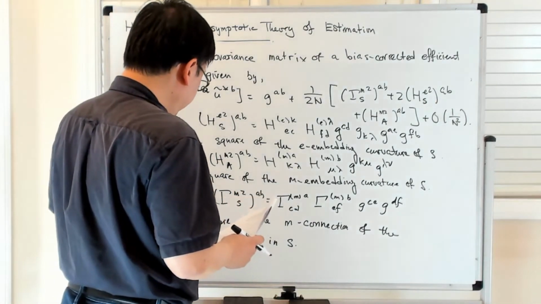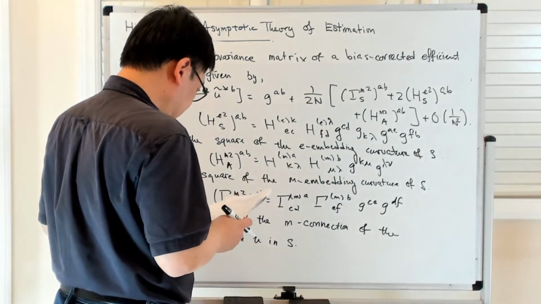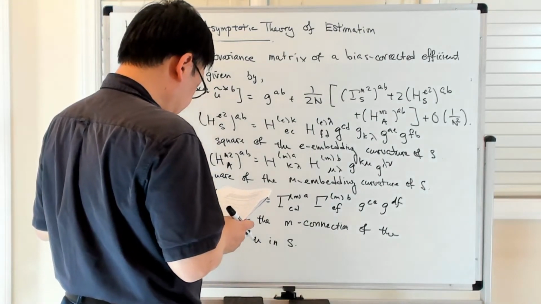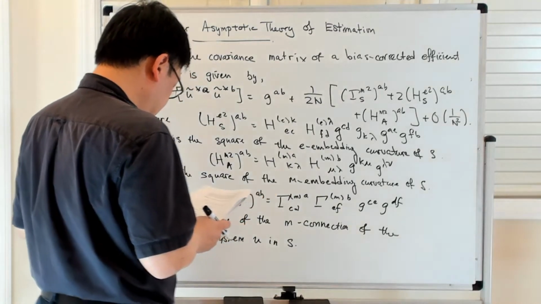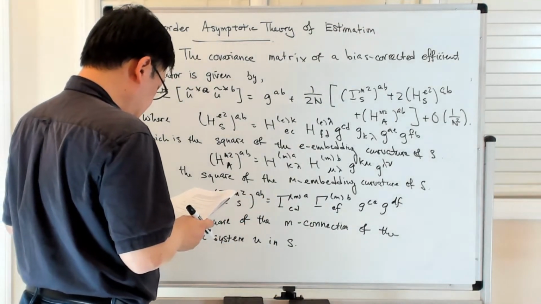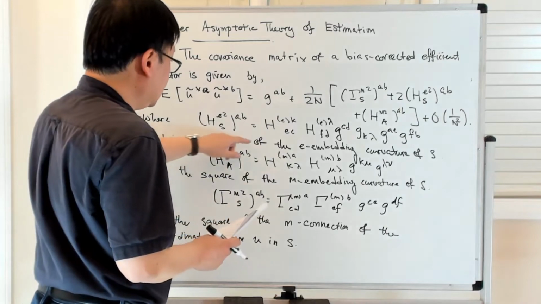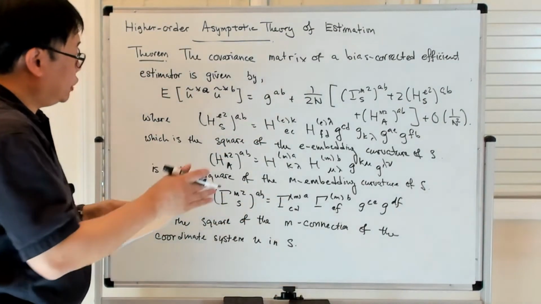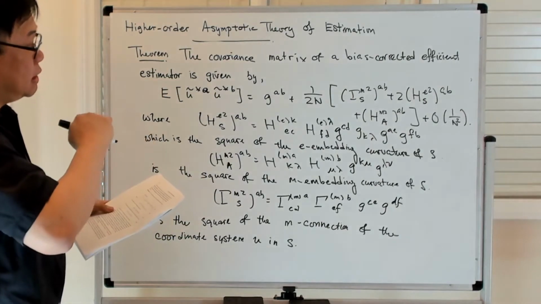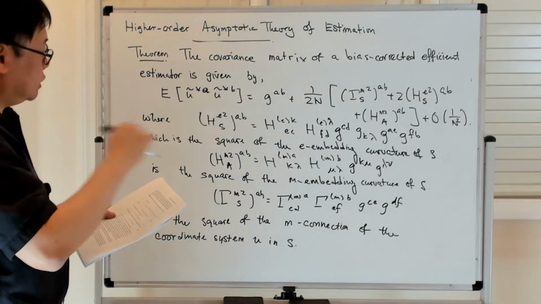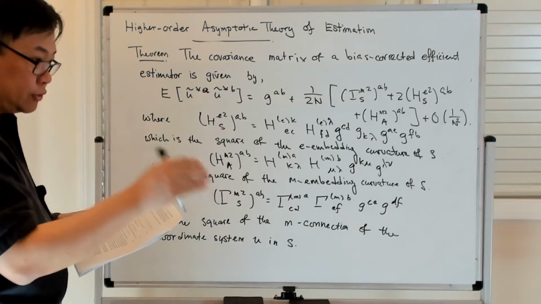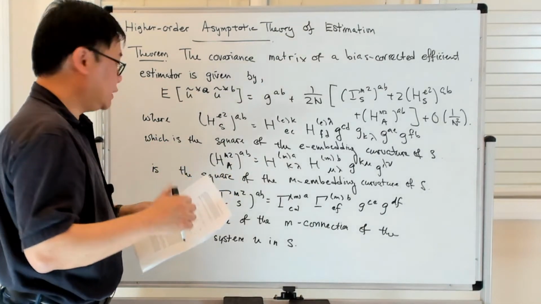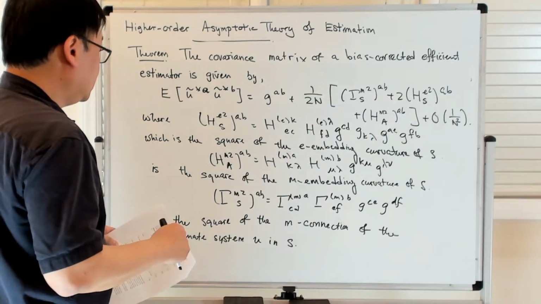So let me make a few remarks about this. So this E term has to do with the extent to which the statistical model space S deviates from being an exponential family.